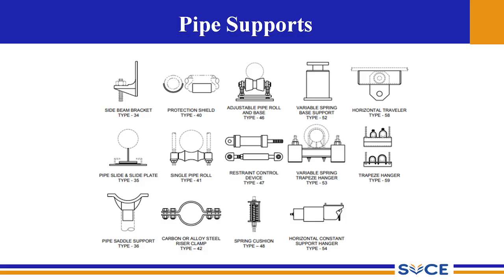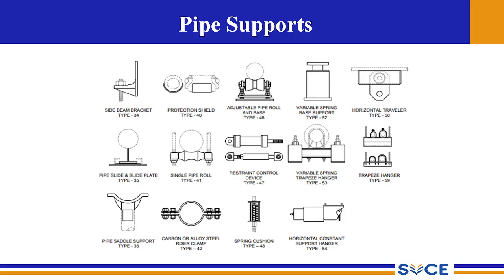vertical thermal movements. Then type 53 is a variable spring trapeze hanger. So this is a device with double spring coils. It will support the gravity load of the piping subjected to vertical thermal movements. This device produces a varying load when the pipe is moving from the cold position to the hot position, and this type of spring hanger will support the pipe from above with two rods.